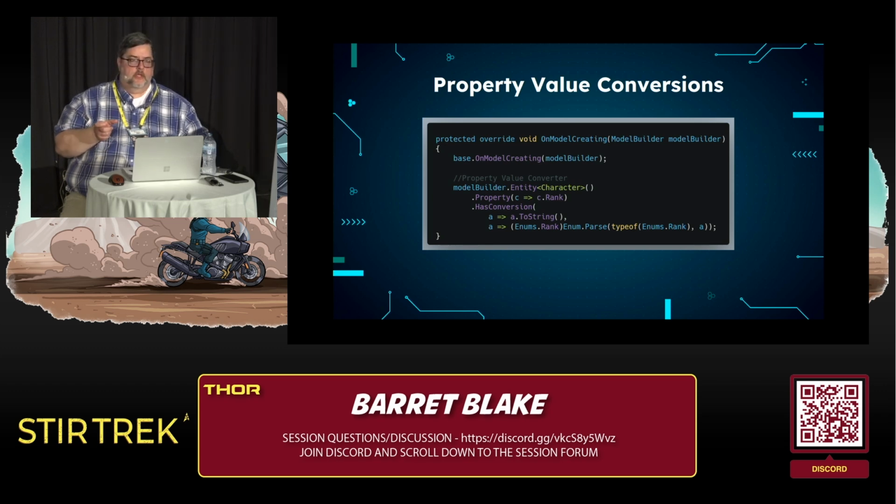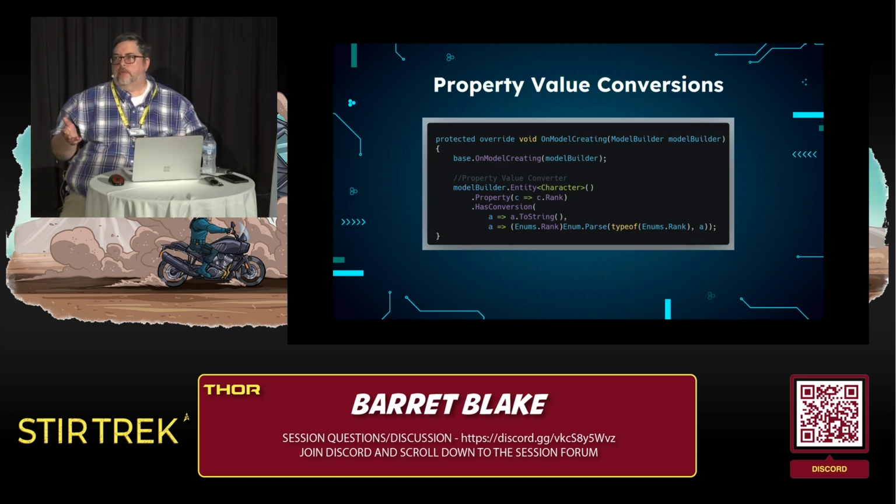The first one is when I'm converting from my enumeration to my database. In this particular case, it's just ToString. And the second function is what you do when you're bringing it back from the database into your .NET entity. In this particular case, I'm parsing the strings that are coming back from the database and turning them back into my enumeration.